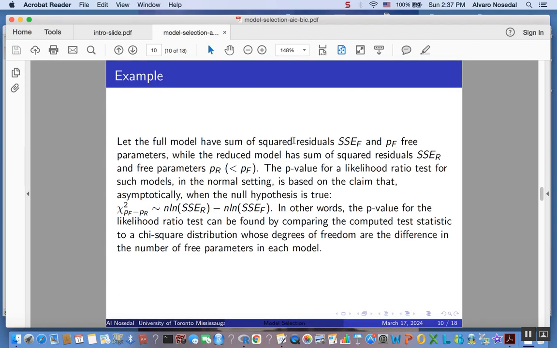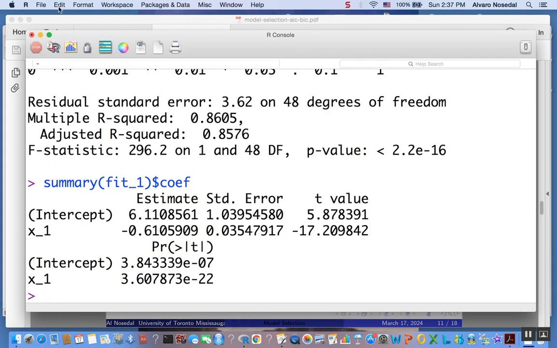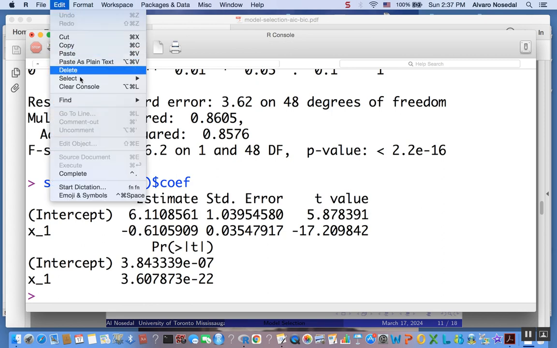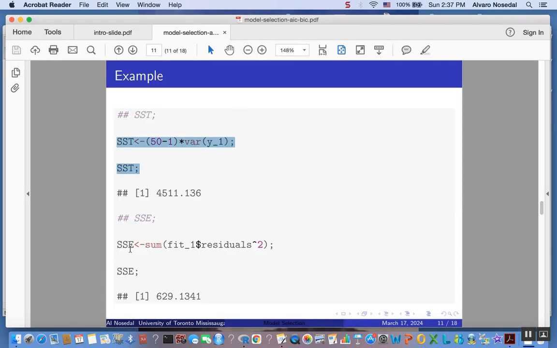So let's do that. Let's copy paste this and find the sum of squares total, which will be the sum of squares for our reduced model. Let me clear the console here. Now let's find the sum of squares for the error.